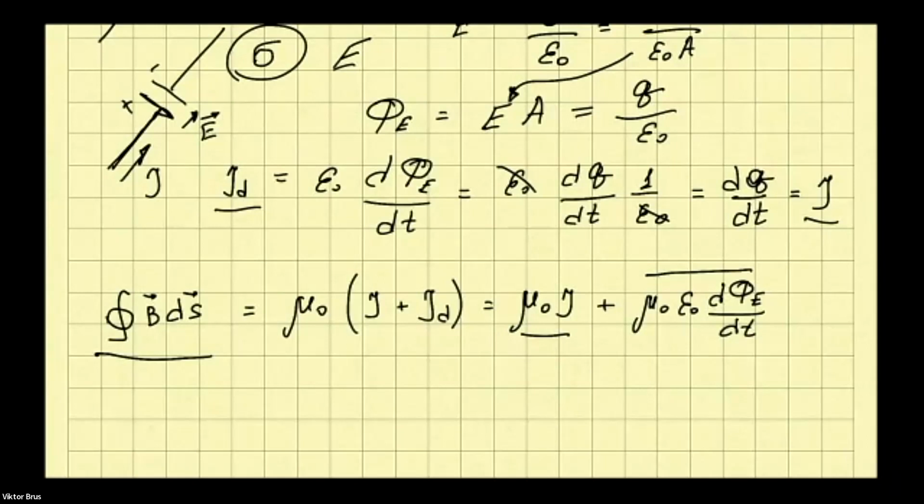It depends on which part of the electric circuit, which we considered previously with this capacitor, we are in. Either we deal with the conductivity current or with the change of electric field flux, the so-called Maxwell displacement current. But both of them, conductivity current and Maxwell displacement current, can be sources of magnetic field.